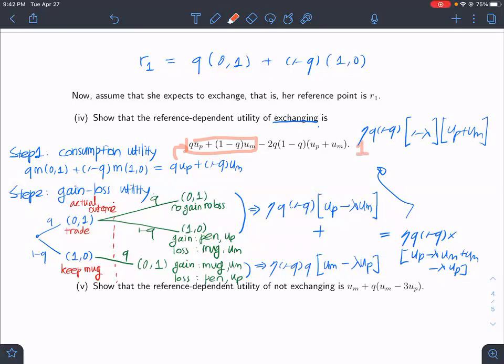Lambda is 3, so this is minus 2. So it will give you this second term. So I'll skip step 3. Step 3 is just adding up all the terms, which gives you this equation. Any questions?